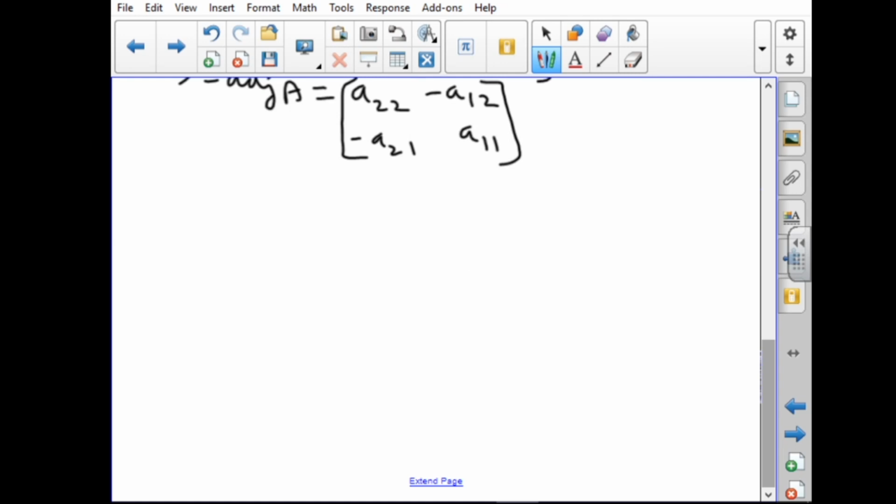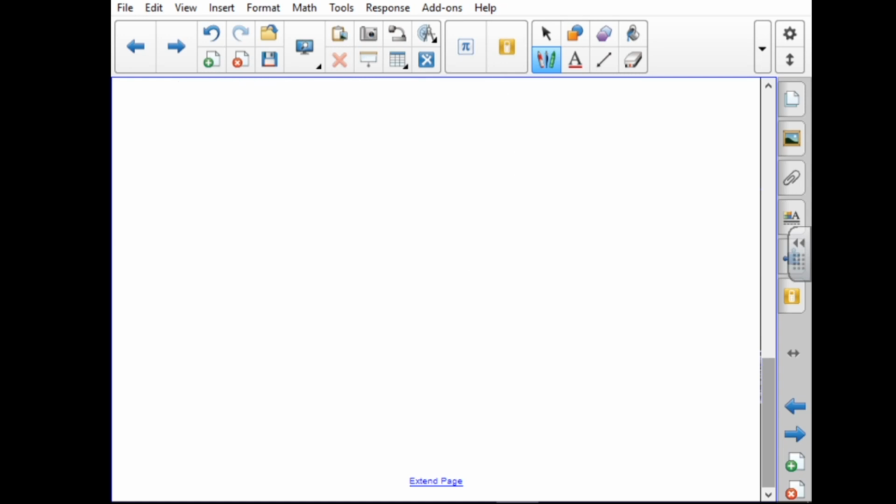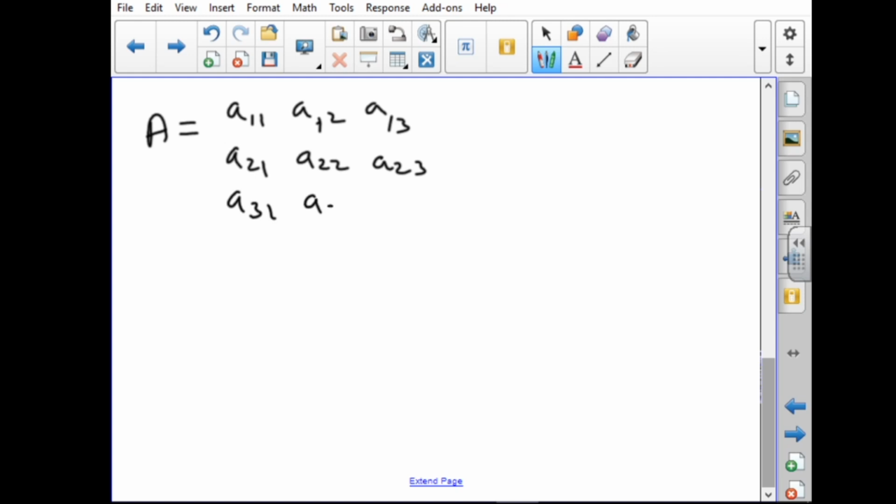Then if it is a 3 by 3 matrix, we take it as A11, A12, A13, A21, A22, A23, A31, A32, A33. How to find the adjoint of this?